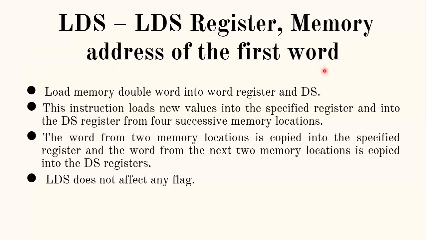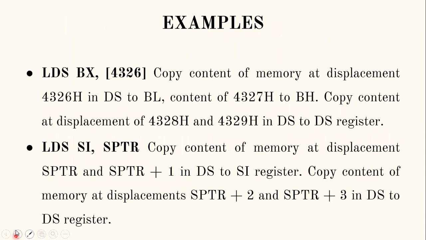That means the contents of two consecutive memory locations will be copied to the specified register, and then the contents of the next two memory locations will be copied into the DS register. This way, the double word, that means 4 bytes, is copied from the memory location to the specified register and the DS register respectively.